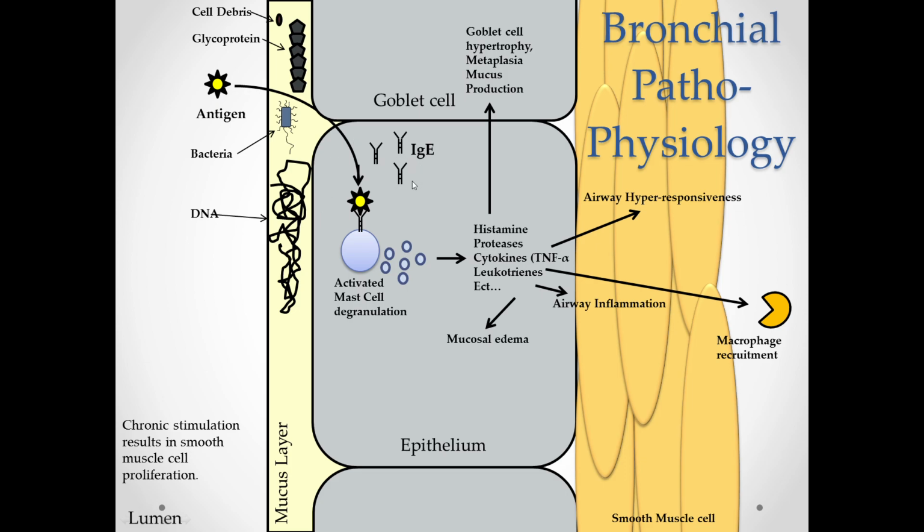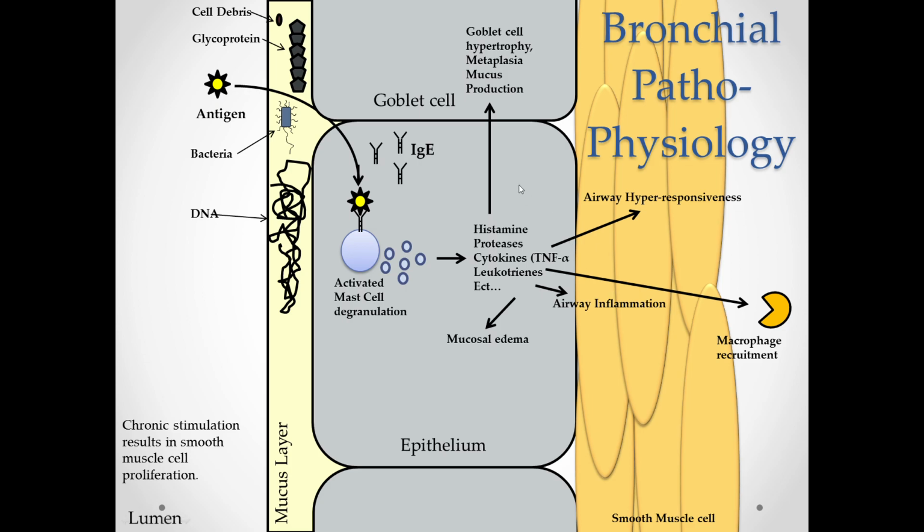An antibody called IgE is typically involved in this overall response, in terms of binding the antigen and then coupling that to a mast cell to lead to that mast cell activation. Each one of these steps is oftentimes targeted pharmacologically.